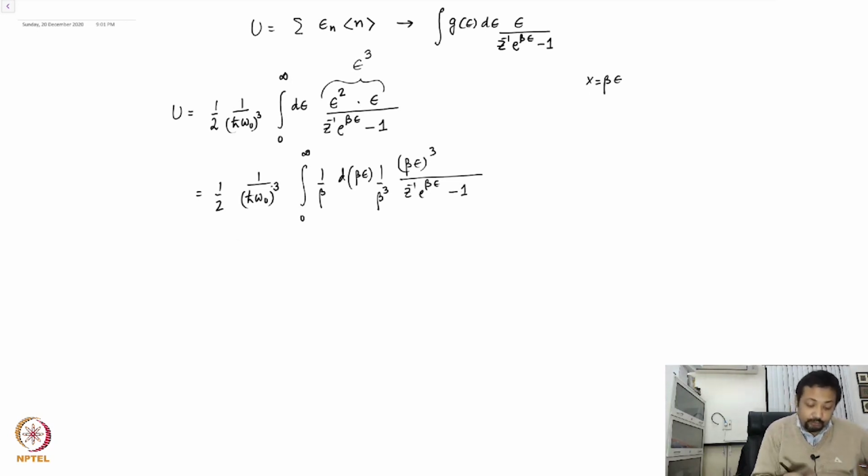Sorry, there is a cube outside, over h bar omega naught. So this becomes half, 1 over beta cubed, and beta gives you beta to the power 4.